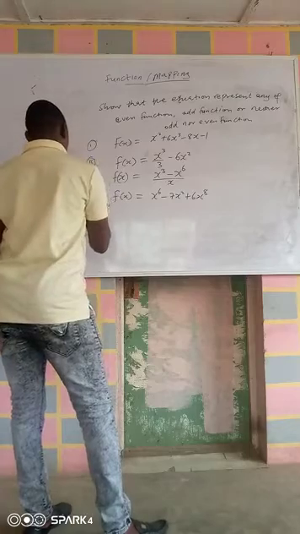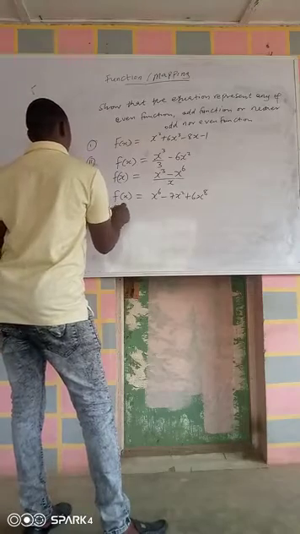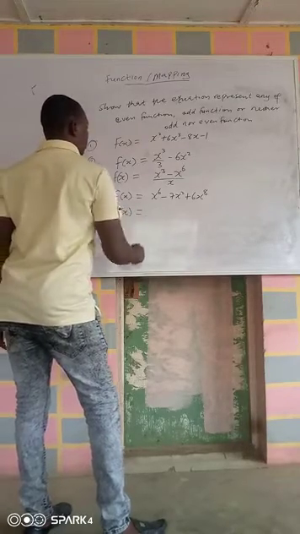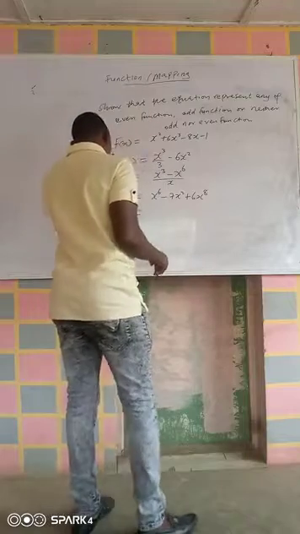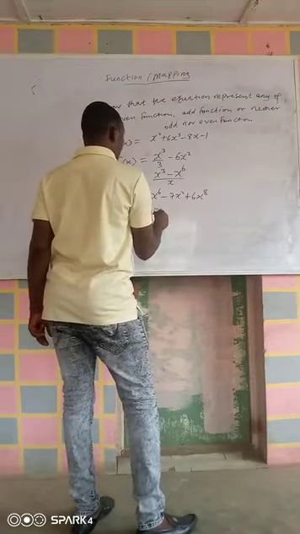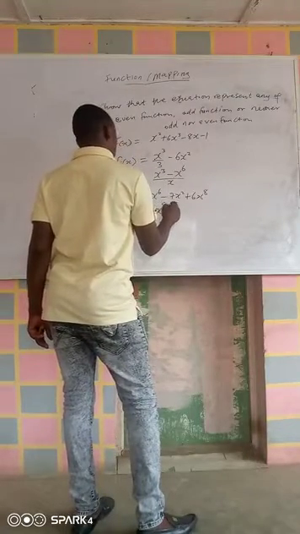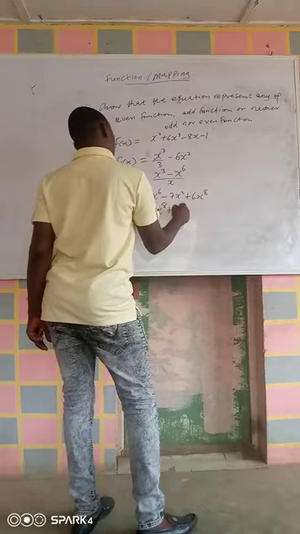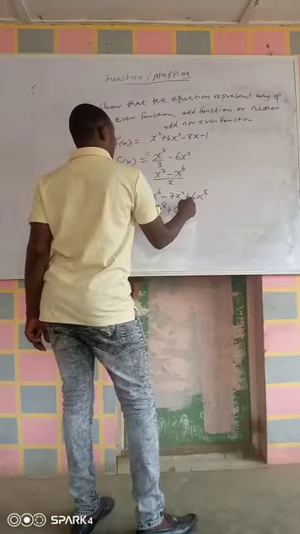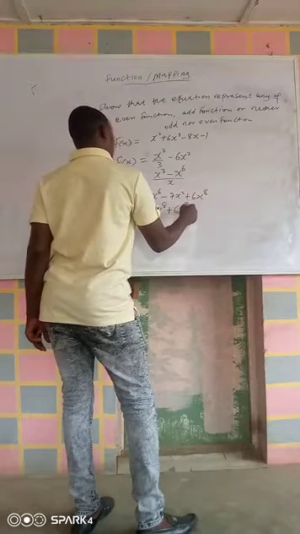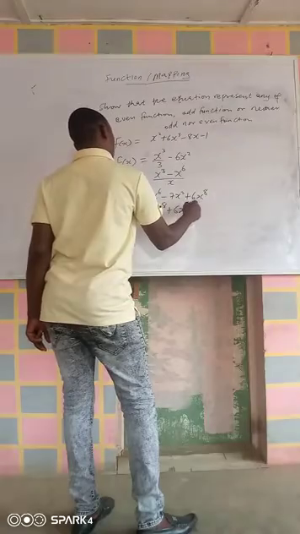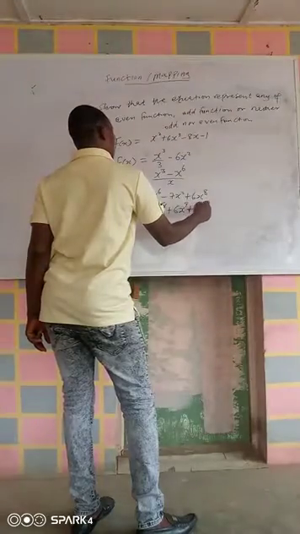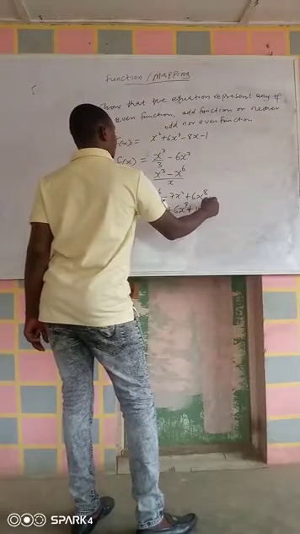And then we have the fifth one, f of s equals s raised to power 8 plus 6s raised to power 9 plus 10s.